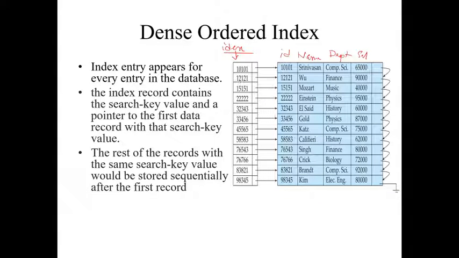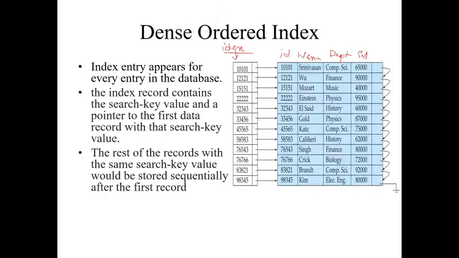Accordingly, we create all the entries for the index file based upon the ID value, and we keep all the ID values in the index file. Whenever we create an index entry for all the values like this, we call it a dense ordered index. The search key is present for every entry in the database also. That's why we call it an ordered index.